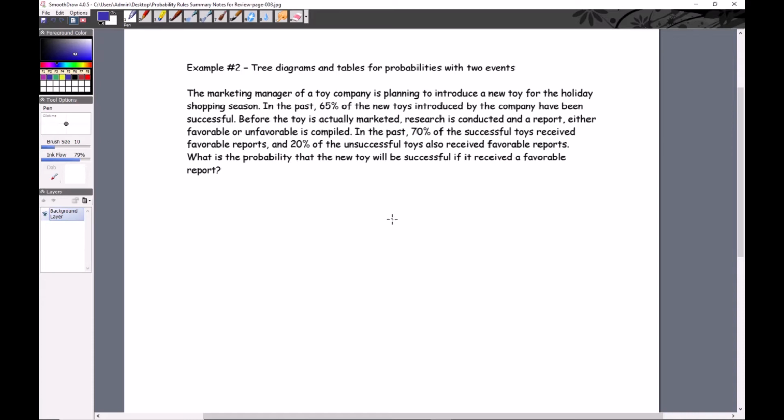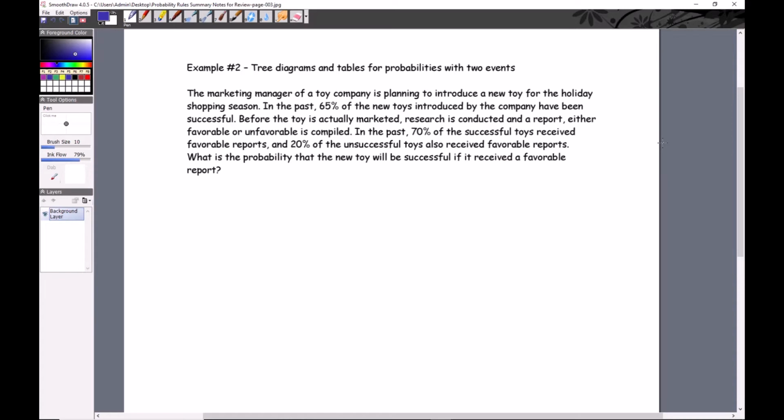All right, so here's a tree diagram example, and we're also going to try to put this into a table. The marketing manager of a toy company is planning to introduce a new toy for the holiday shopping season. In the past, 65% of new toys introduced by the company have been successful. Before the toy is actually marketed, research is conducted and a report, either favorable or unfavorable, is compiled.